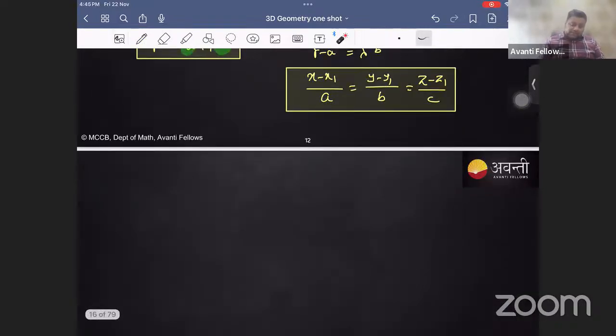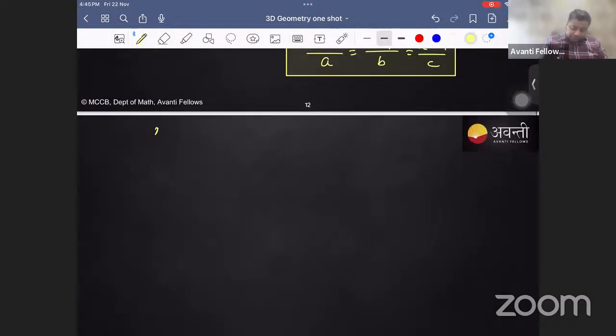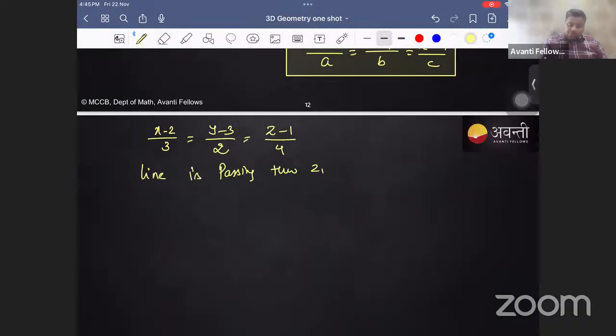So now if I see a line as (x minus 2) by 3, (y minus 3) by 2 is (z minus 1) upon 4, that means the line is passing through 2, 3, 1 and having direction ratios 3, 2, 4.